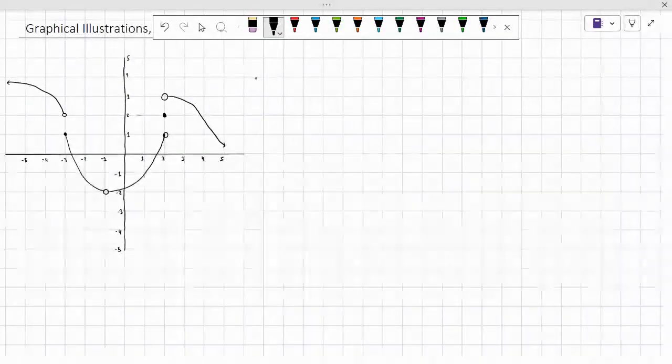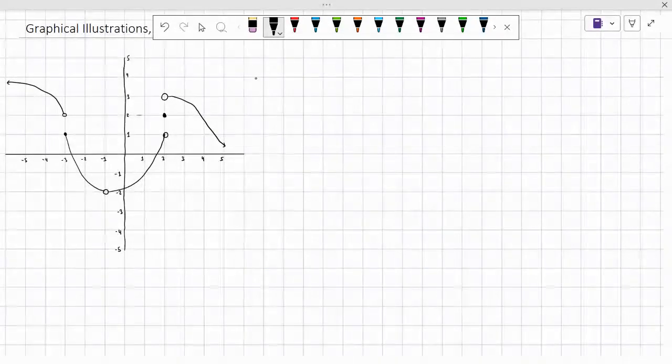Here I can represent that using a limit statement. What we can say is as x approaches -3 from the left side, this function is approaching a value of 2.